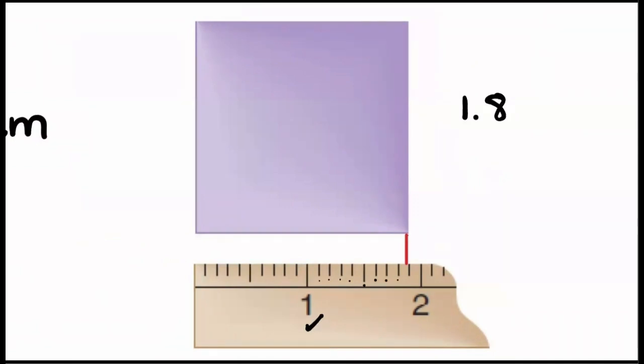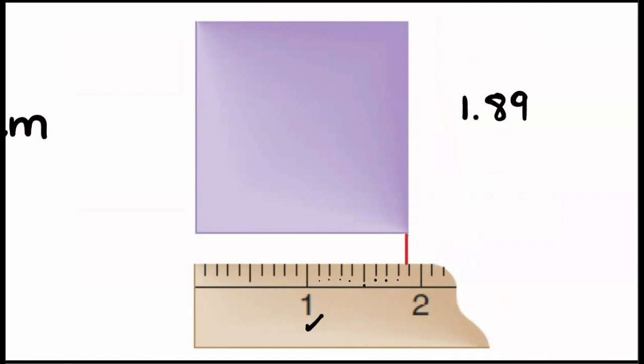But my instrument, based on my line, is in between 1.8 and 1.9. So my estimated digit is going to be a value closer to 1.9. So I can determine that the digit of 9 after the 0.8 is going to be my estimated digit.